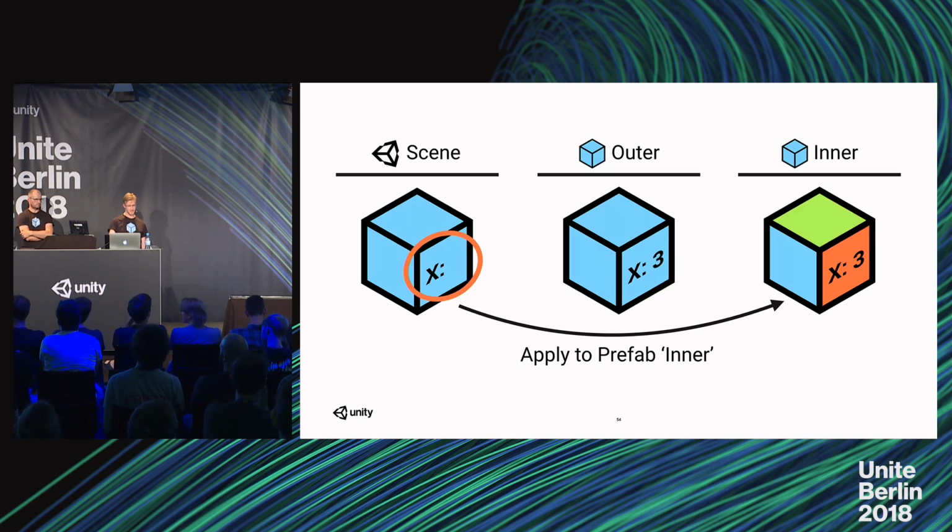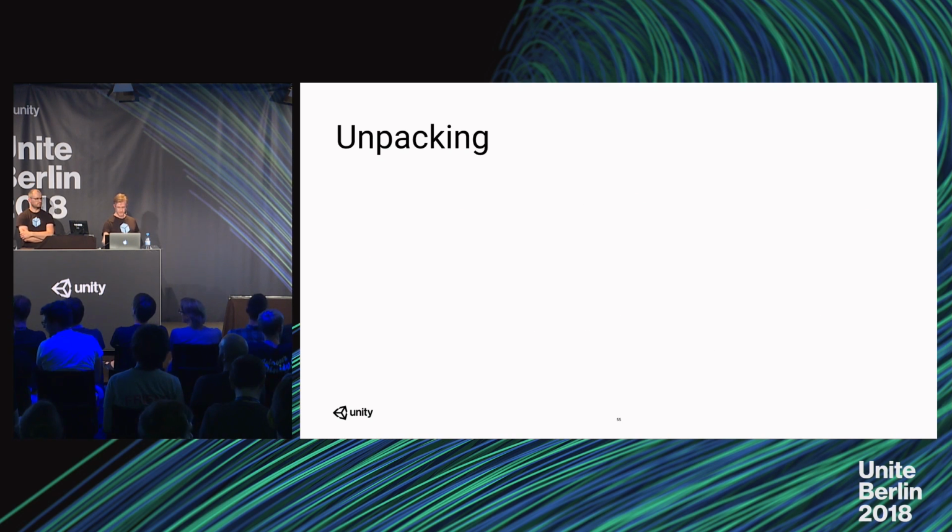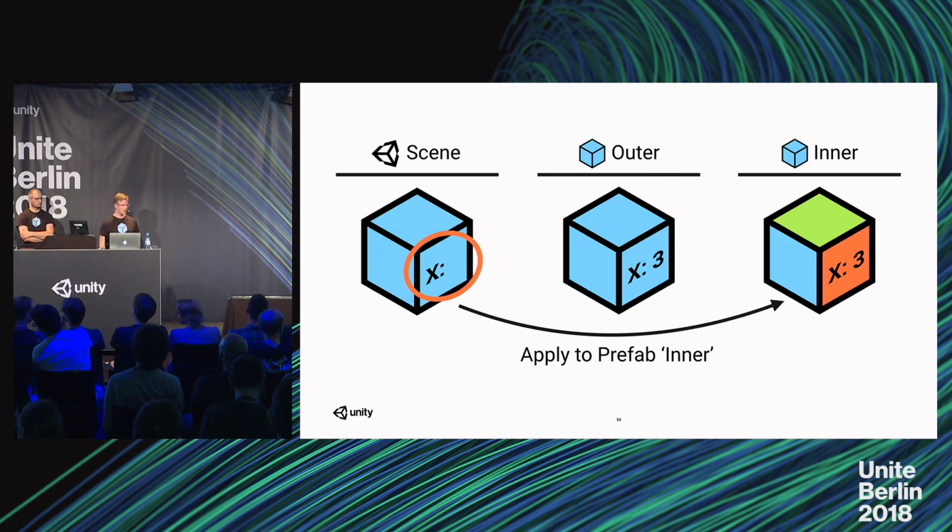Now the instance in the scene, this property also inherits the value of 3. So the entire chain from the instance that you were working with to the object that you are applying to will all lose their overrides.